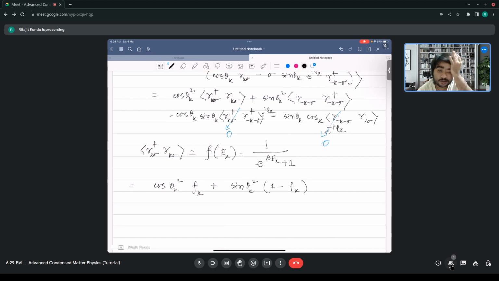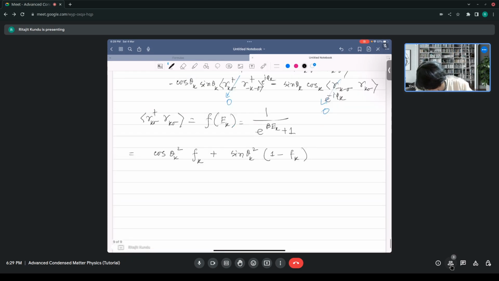So if you simplify it further, you will get something like this: half minus psi k over ek tanh of half beta ek. This is the expectation of Ck sigma dagger Ck sigma, and you see that this expression is actually independent of sigma.